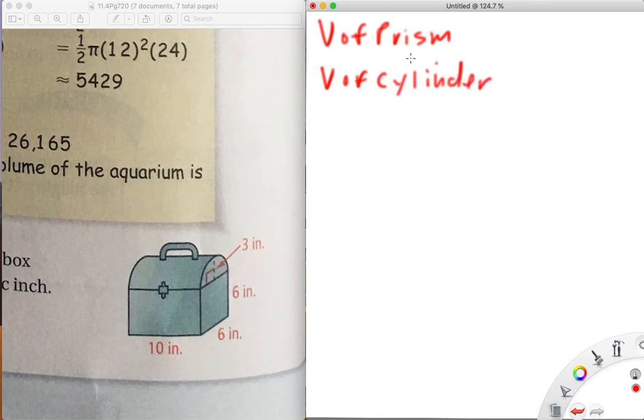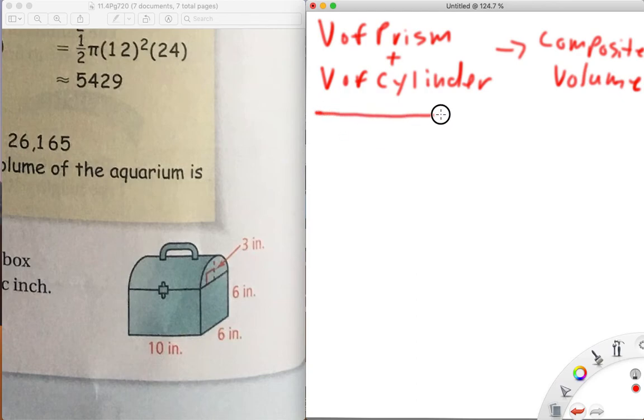And we're going to add them to get our composite volume. In some instances, you can also subtract, like if there's a cylinder hole within a cube or something.